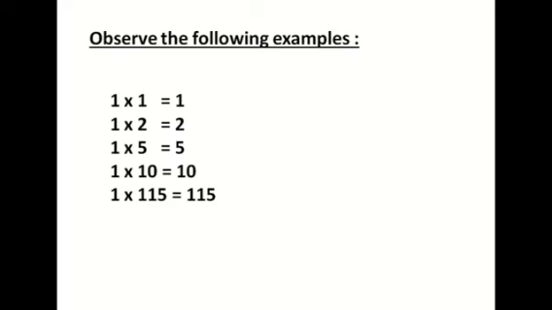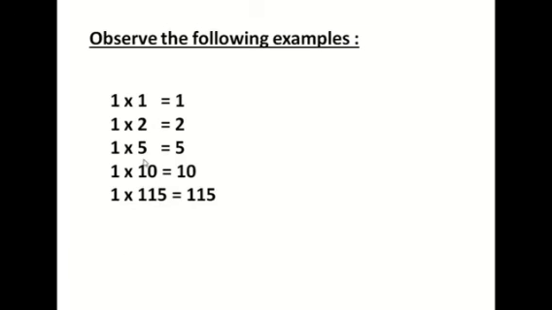After observing these examples, what can you say? If you take any number and multiply it with 1, so we can say that 1 is a multiple of 1. If we look at the second example, you can see 2 is a multiple of 1. We have seen the definition of multiple: if you multiply one number with another number, the product is the multiple.